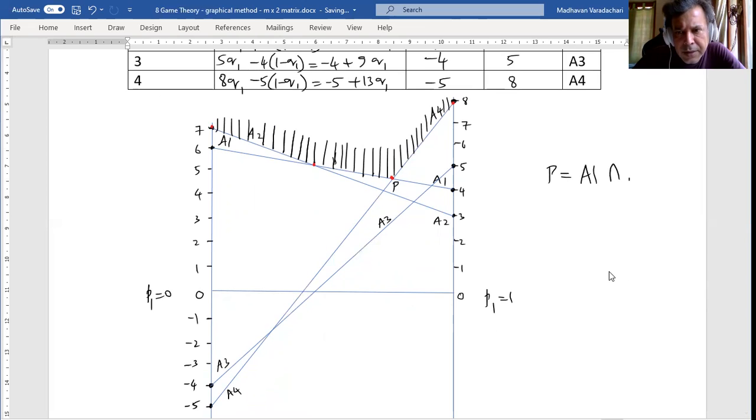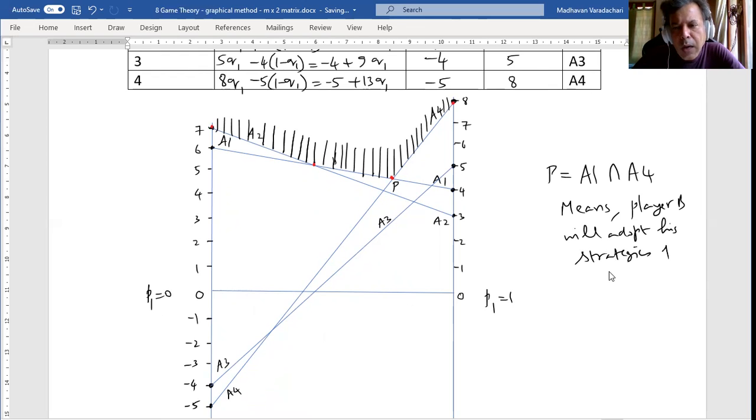A1 intersection A4, which means player B will adopt his strategies 1 and 4 only and ignore strategies 2 and 3.